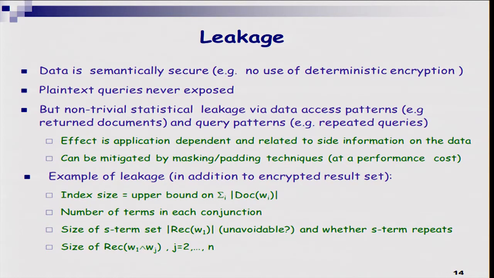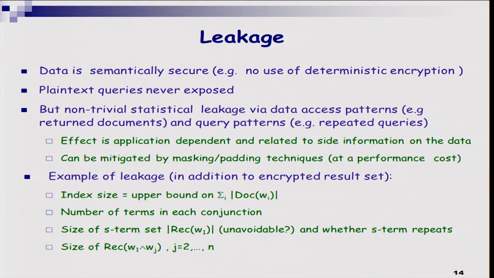So an example of leakage that we provide is an upper bound on the size of the database or the index. We leak the number of terms in a conjunction. We leak the size of the set of documents satisfying, or having, the S term, the least frequent keyword W1. And there is a claim in the paper that this is unavoidable, but this is basically a conjecture.